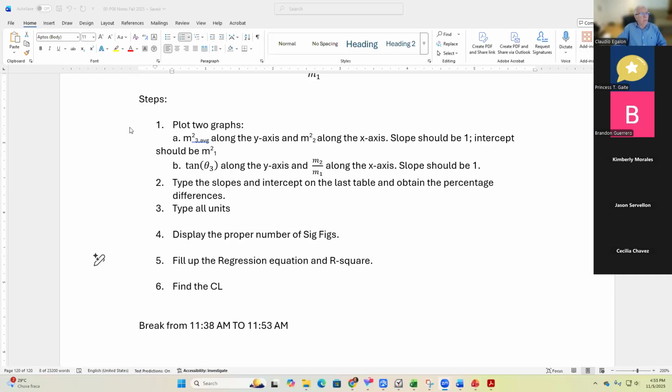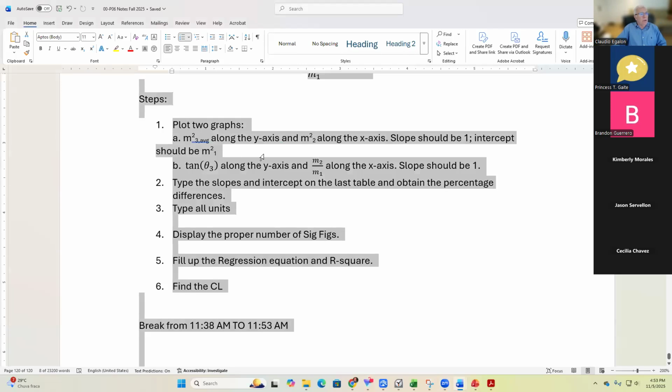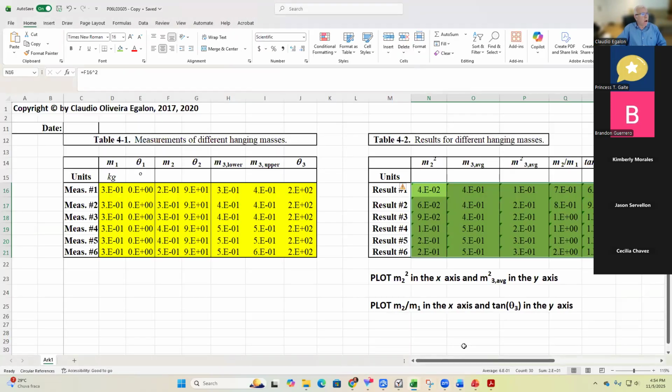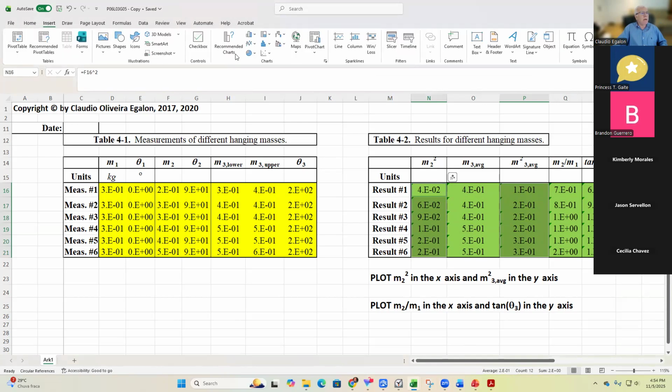Okay, I'm back here. And now I want you to start plotting your graphs, right? Two different graphs. The first is M3 average square along the y-axis, M2 square along the x-axis.